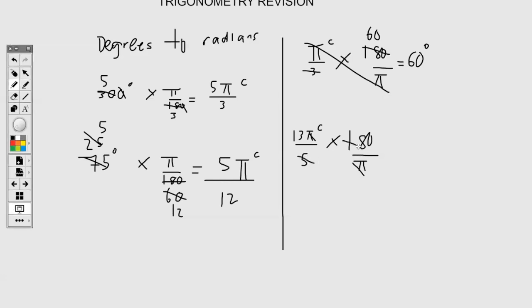So 5 into 180 goes 36 times. We have a 13 here, so we multiply 36 times 13, and that will give us 468. So in this case, our answer is 468 degrees. So 13 pi over 5 is the same thing as 468 degrees.